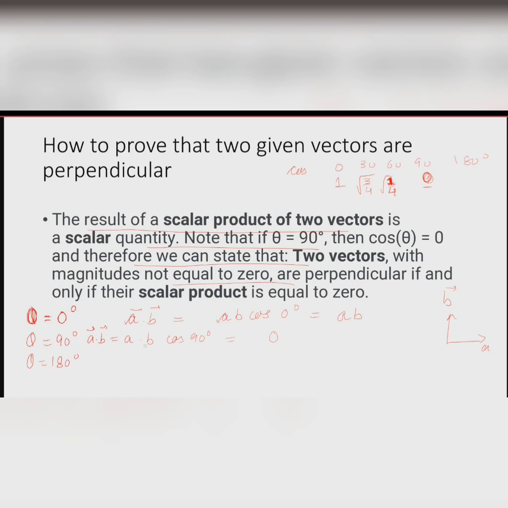In this case, it becomes AB cos 180 degrees. Cos 180 degrees is -1, so we get minus AB. So plus AB is the maximum value, minus AB the minimum value. In between, if theta is less than 90 degrees, the resultant product will have a positive value.